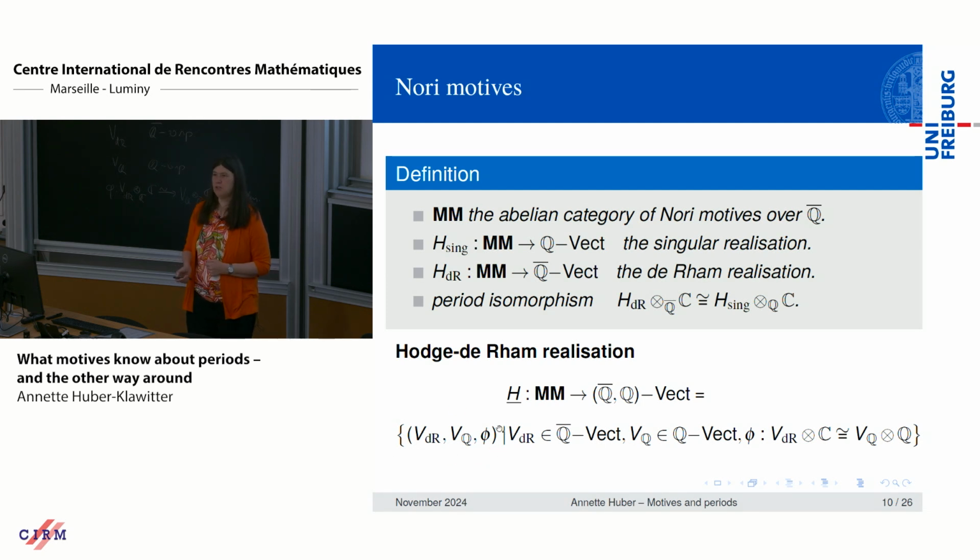VQ is a finite dimensional Q vector space. And phi is an isomorphism between these two vector spaces, but only after extension of scalars. So extend scalars from V-de Rham over Q bar to C, and from VQ to C, and then part of your data is this isomorphism over the complex numbers. It's very similar to Hodge structures, but there aren't any filtrations.